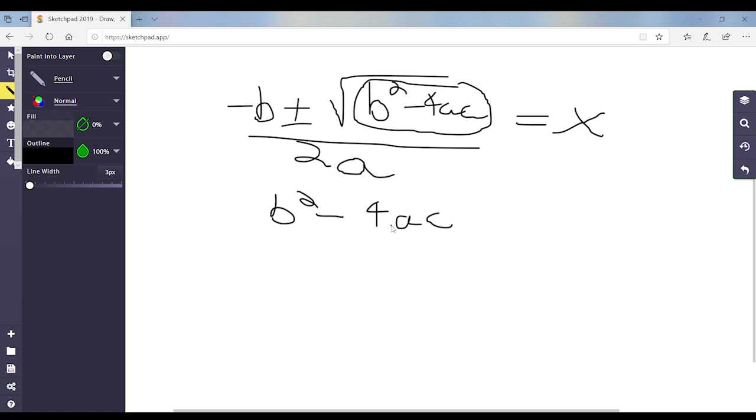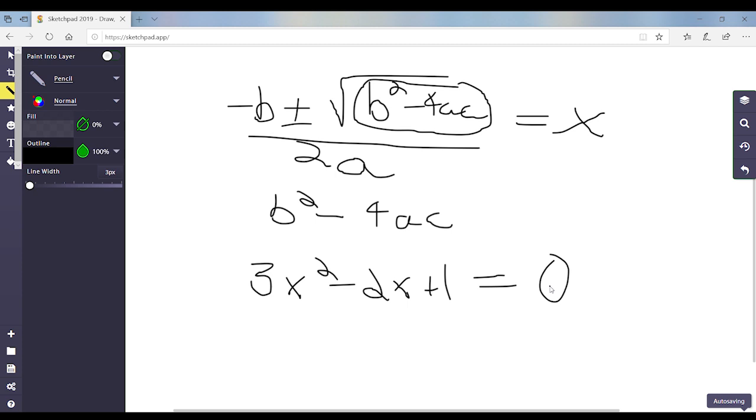Let's say we have 3x squared minus 2x plus 1. This is an equation, and you're trying to find when it equals 0, okay? When you're looking at this, you might think maybe there is an x that will equal 0 when you plug it in.